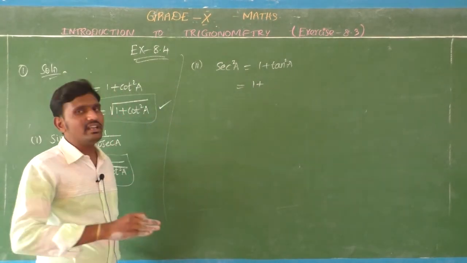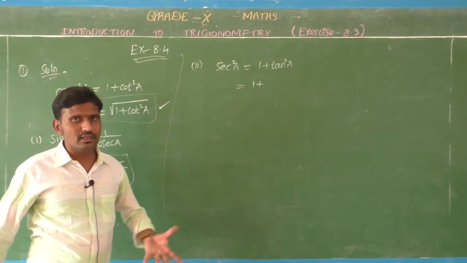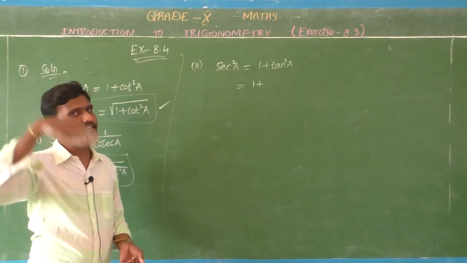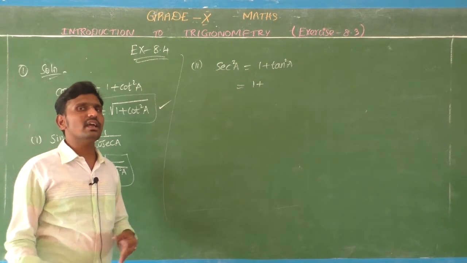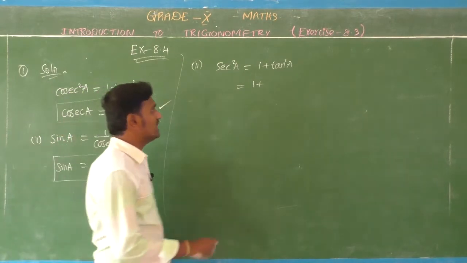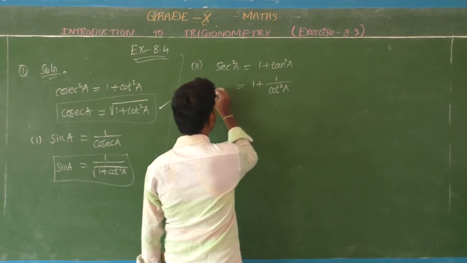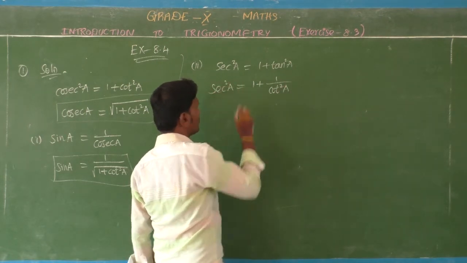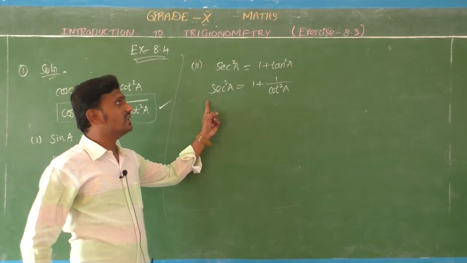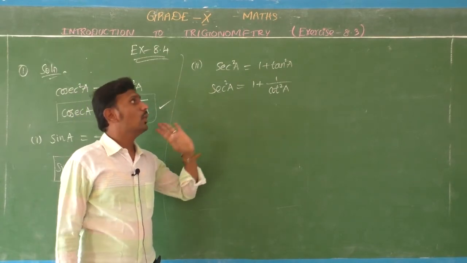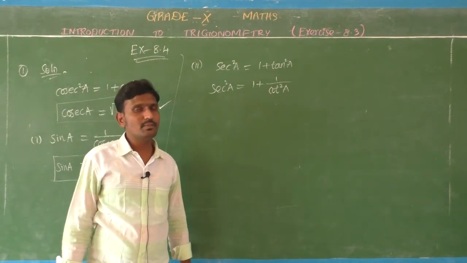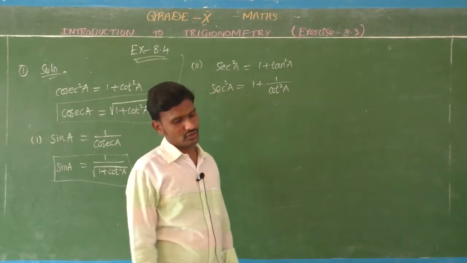So the tan theta I am going to take in cot terms, which is, tan theta is the reciprocal of cot theta and cot theta is the reciprocal of tan theta. So that's why 1 plus 1 by cot square A. Now what will be secant square A? Secant square A equals 1 plus 1 by cot square A.